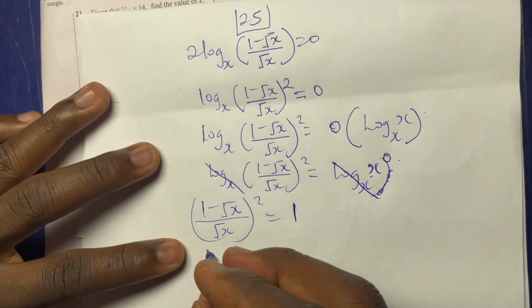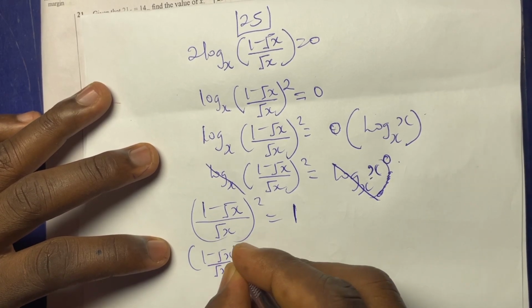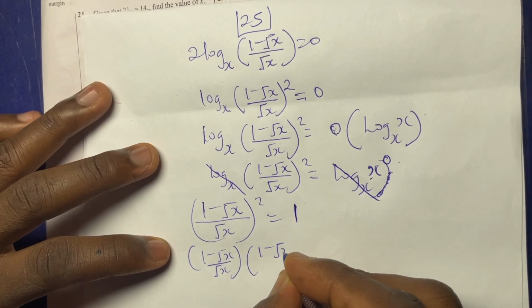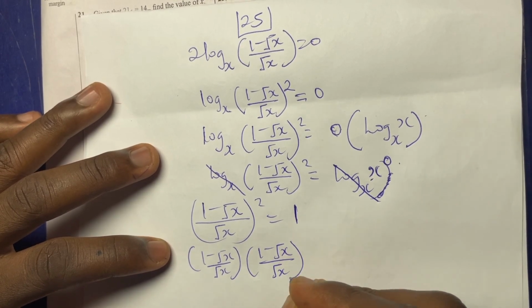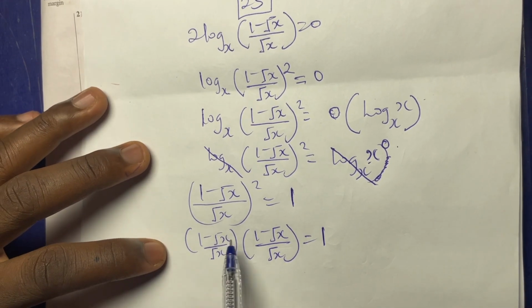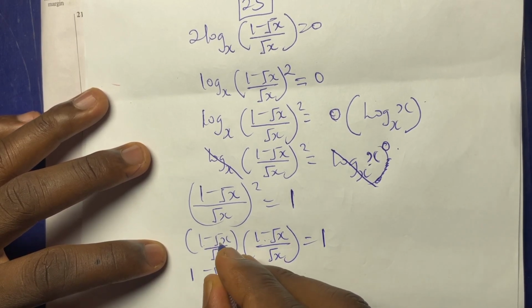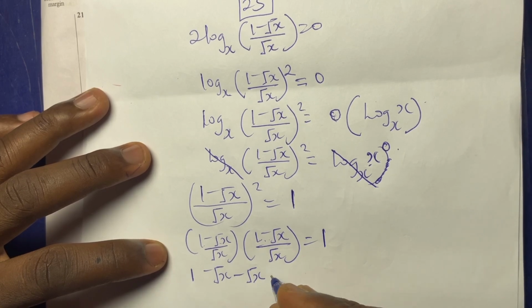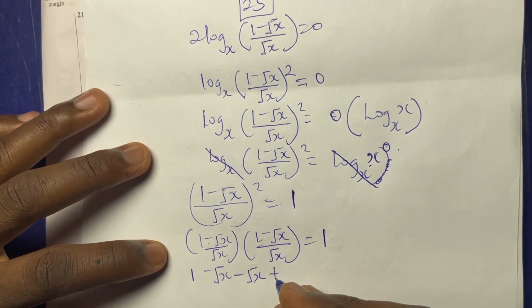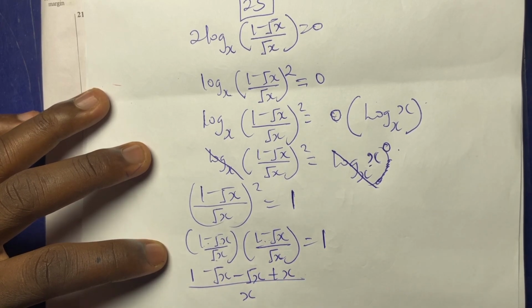Now let's expand. So this will now be (1 minus root x) over root x multiplied by (1 minus root x) all over root x, equals 1. So let's expand. This times this is 1, this times this is minus root x, this times this is also minus root x, and this times this is plus x, all over, this time ordinary x.